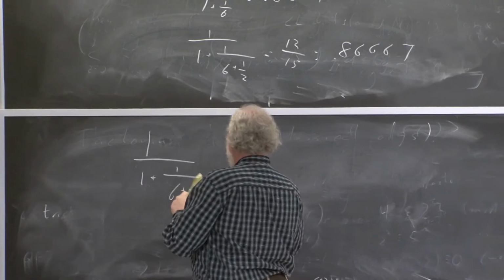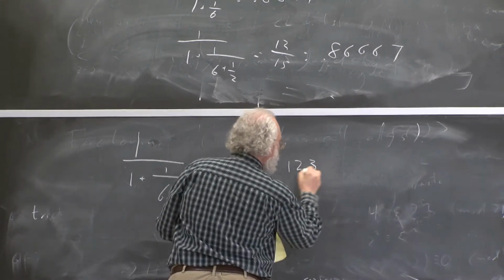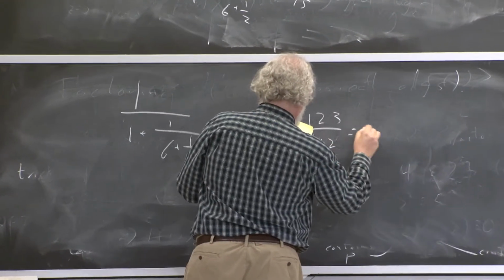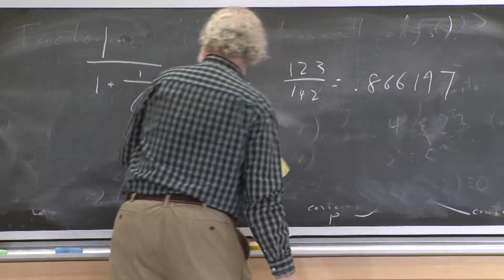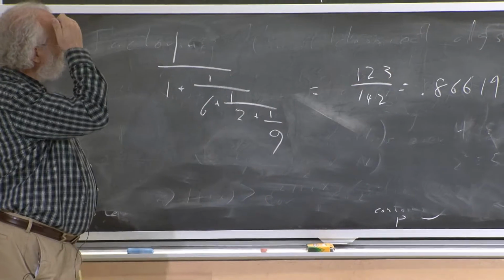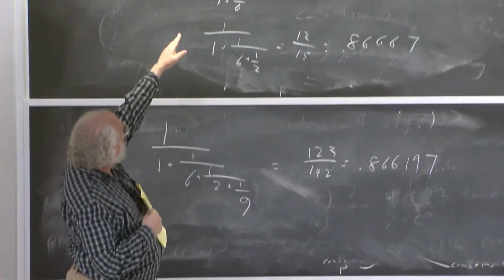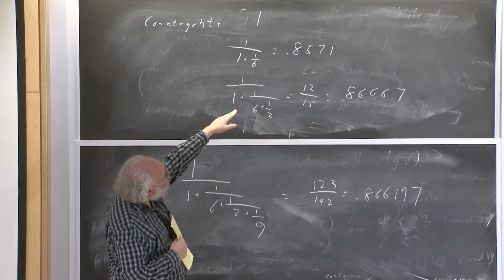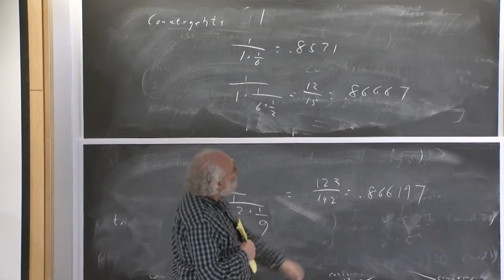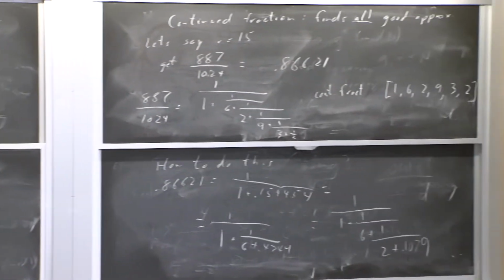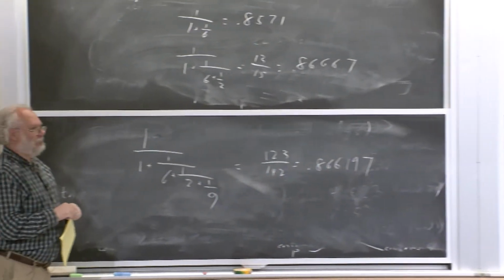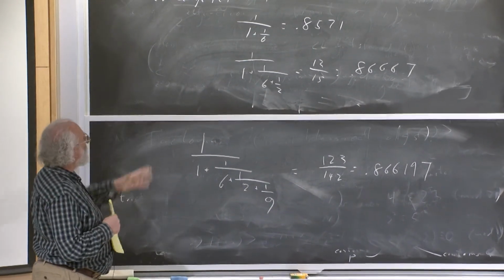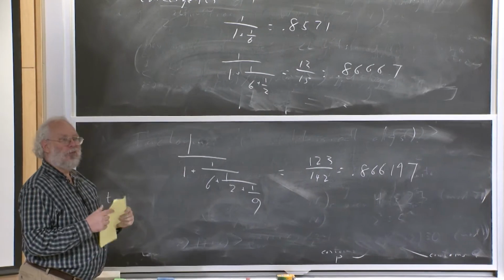That is equal to 123 over 142, which equals 0.866197. And I'm not going to go through any more of them. But you can see that the first one is over, the second was under, the third is an overestimate, but it's getting much closer. The fourth is an underestimate, and it's really, really close. So those are the convergents of the continued fraction.